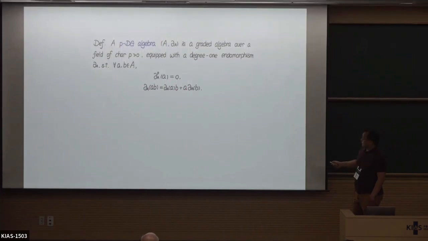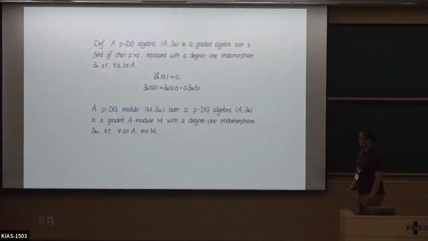You should notice that there's now no (-1) to the degree of a, because this Hopf algebra k[d]/(d to the pth power) is a genuine Hopf algebra. It's not a Hopf superalgebra anymore. The lack of minus sign makes a lot of computations a lot easier in the p-dg world than the dg world. You don't have to bother with a lot of annoying signs.